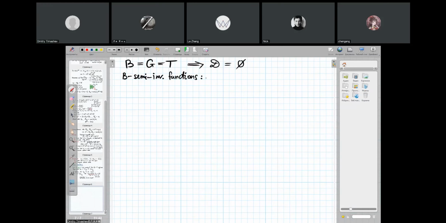Well, if you take any semi-invariant function of some eigenweight lambda and compute it at a point of the open orbit, which is just the torus T, so we compute it at an element of T, then it is the same as T to the inverse of lambda times the value at the unity point.